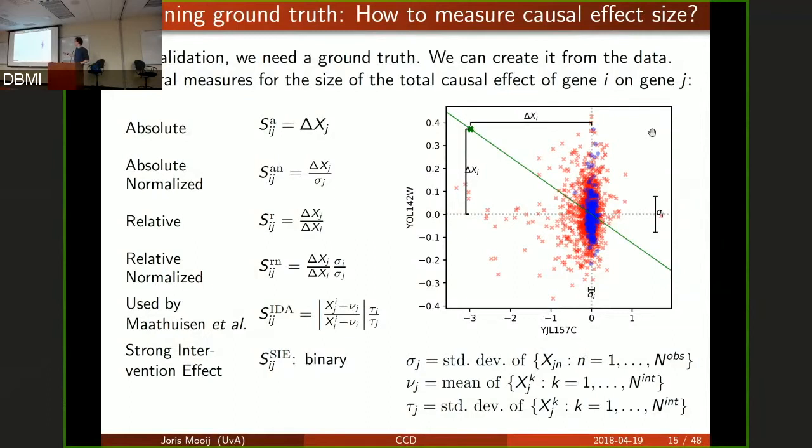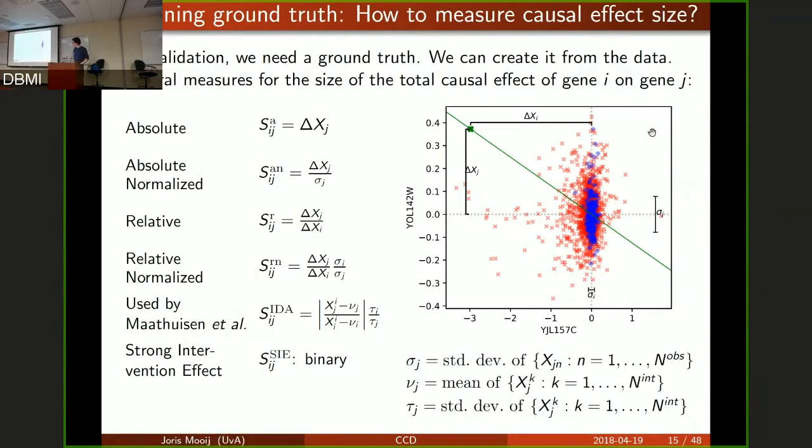Alternatively, you could look at the slope of this line, which would be corrected for the self-effect. How much is the gene expression level of the gene that is knocked out actually changing? This would be more like what is known in the literature as the causal effect. It's the slope of this line. And you can also express that in different units by normalizing it with respect to the observational standard deviations, right?